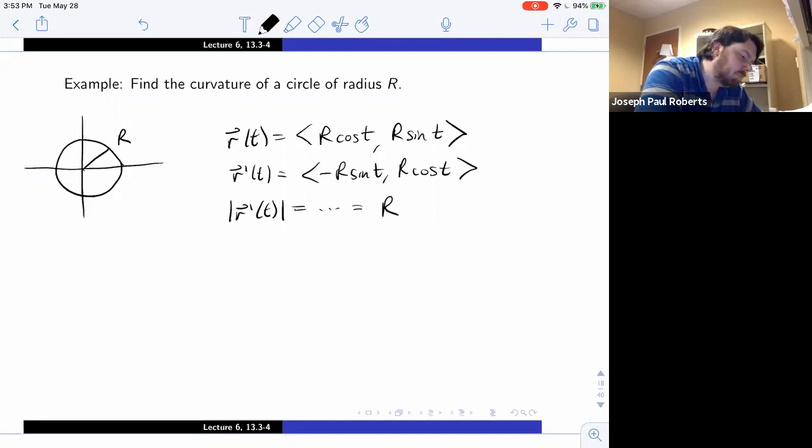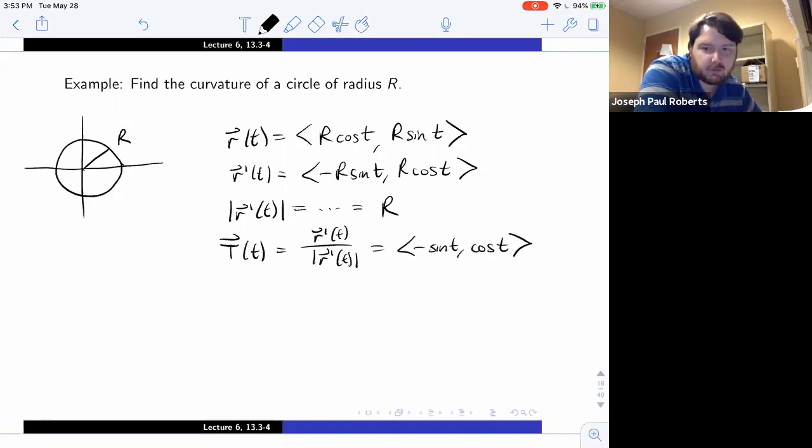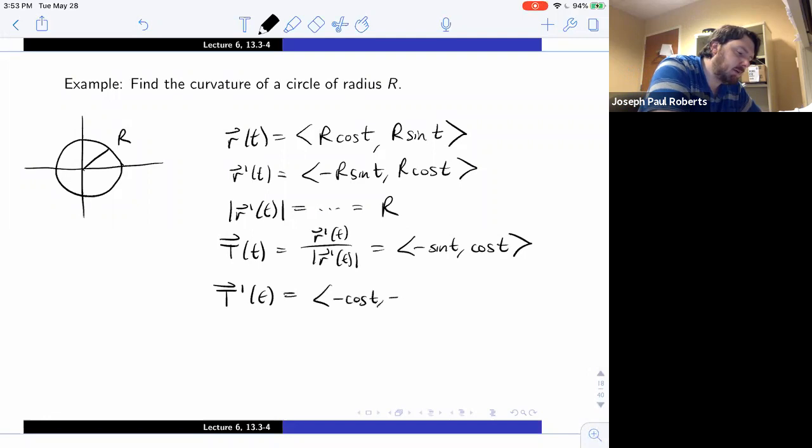And then that means that T of t, the unit tangent vector, which we just introduced a few minutes ago, is just r prime normalized. You end up getting minus sine t, cosine t, since the radius capital R cancels out. And then T prime of t is minus cosine t, minus sine t.